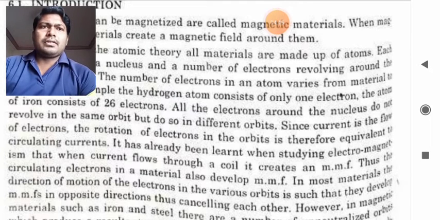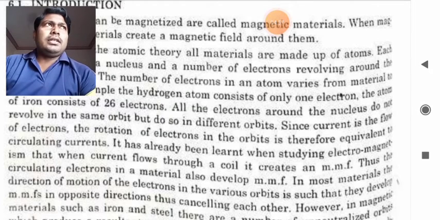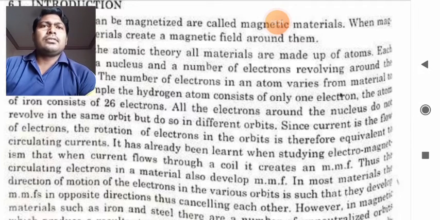That is quite obvious. Since current is the flow of electrons, the rotation of electrons in the orbit is therefore equivalent to the circulation of current. So now students, the flow of electrons or the revolving of the electrons also suggests the flow of current. In other words, there is a field existing with these electrons.